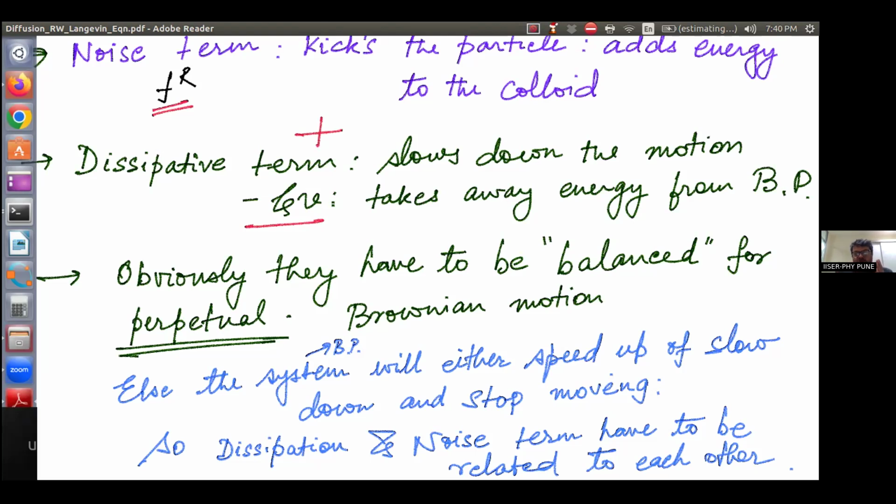Right? Now, what do you see? One is adding energy, one is dissipating, taking away energy, slowing down the motion of the Brownian particle. Now, we know from Robert Brown's experiment that this particle keeps on moving endlessly. Pollen particles or Brownian particles move on endlessly. They don't stop.